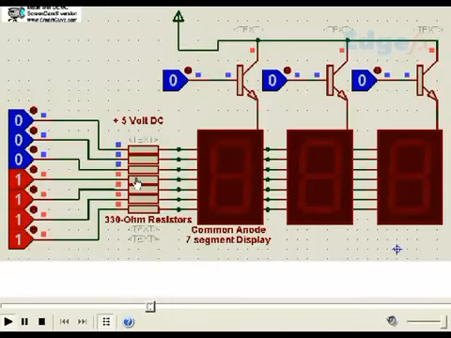And we know that unless I give power, this number is not going to be displayed. Or I give a 1 condition here, that is logic high, which will switch on the corresponding transistor. Now if I give this, this gives 7. Or if I switch off this, I give this, this gives 7.